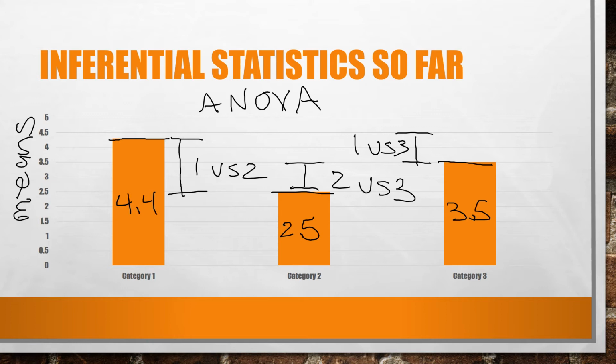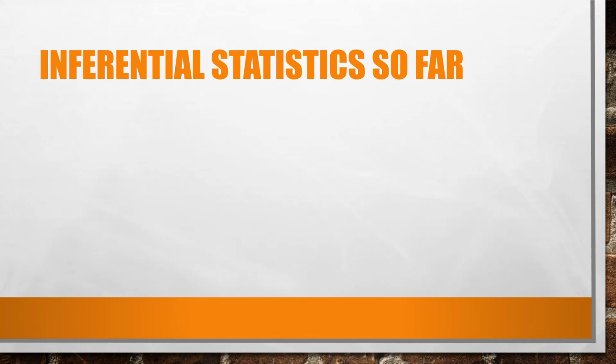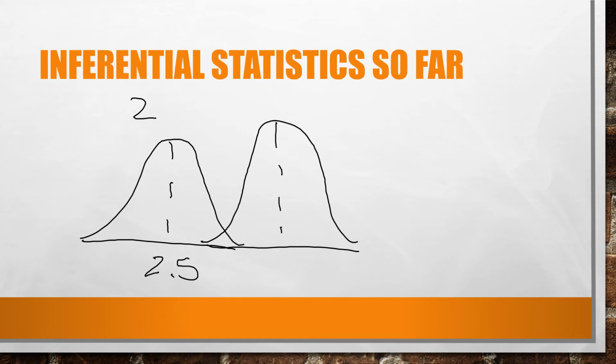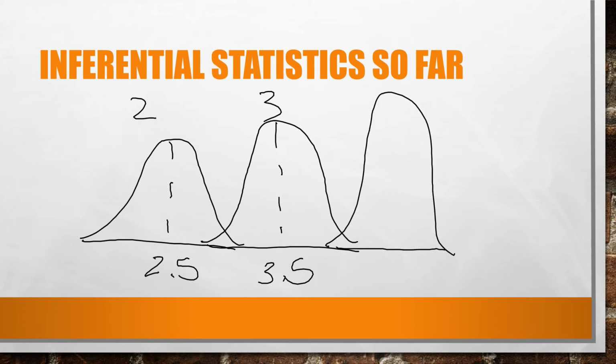And how you determine that, so say we had these three categories. Category 2 had a mean of 2.5. So let's put the mean here, say it's 2.5. And then category 3 had a mean of about 3.5. And category 1 had a mean of about 4.5, or 4.4.